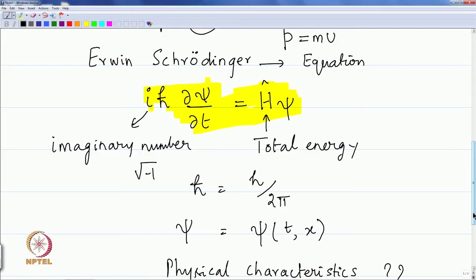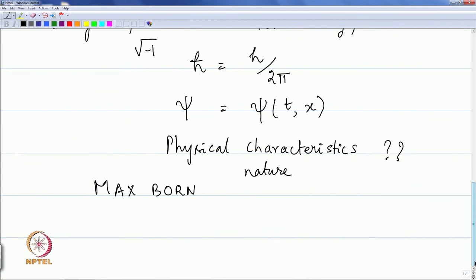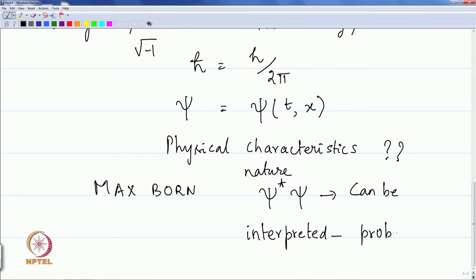But it was Max Born who said it is not the wave function psi, but the complex conjugate times the wave function itself, the product, that can be interpreted through probability statements. It is associated with the probability of something. We will see all of this in this whole course.